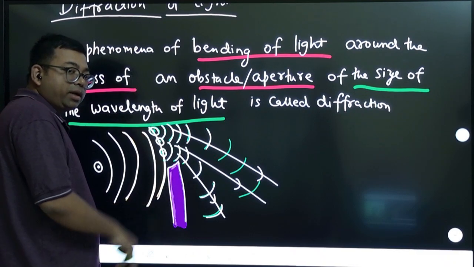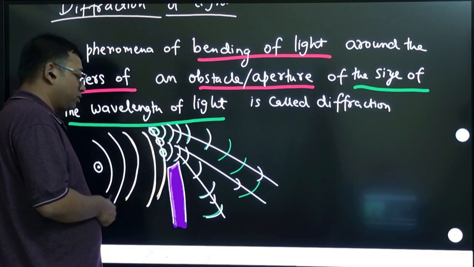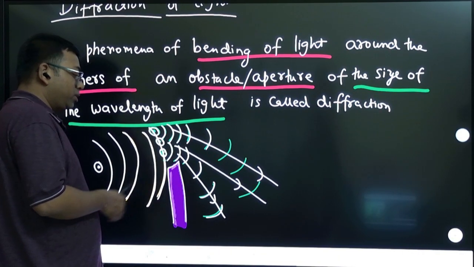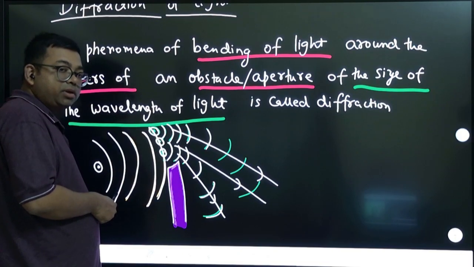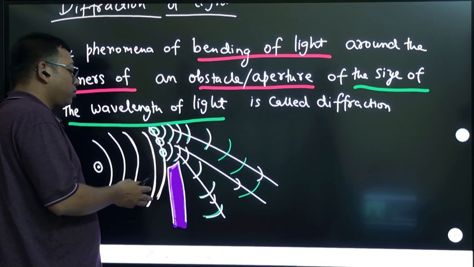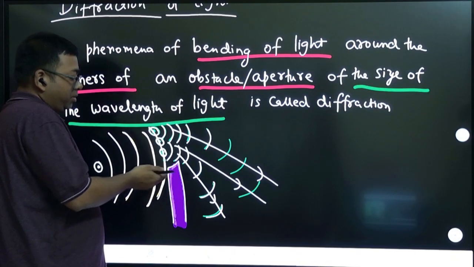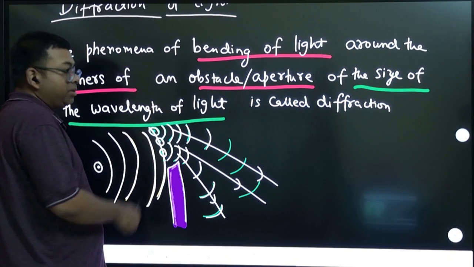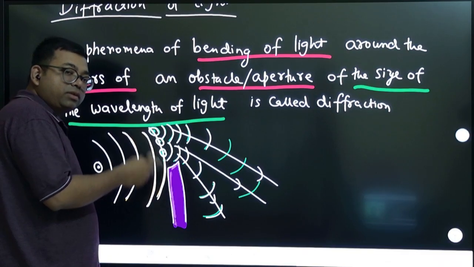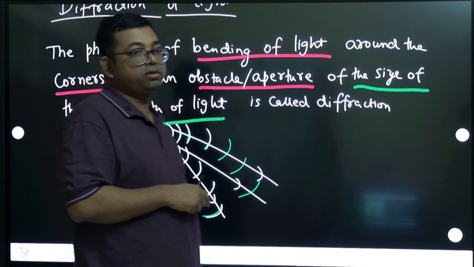Suppose the wavelength of light, if you take light from 400 nanometer or 350 nanometer to 700 nanometer nearly, then this object or obstacle should also have a similar size, nearly the same as the wavelength of the light. This diffraction effect is happening because of that only.